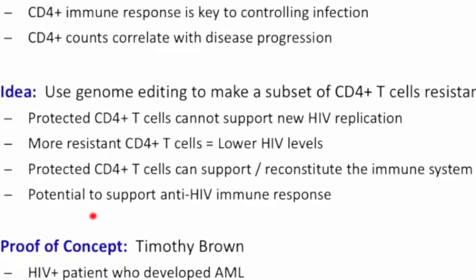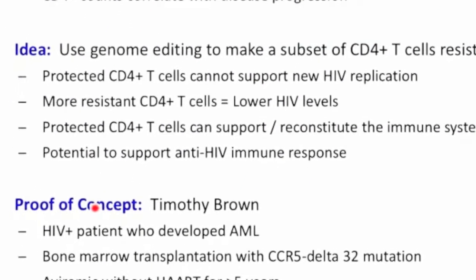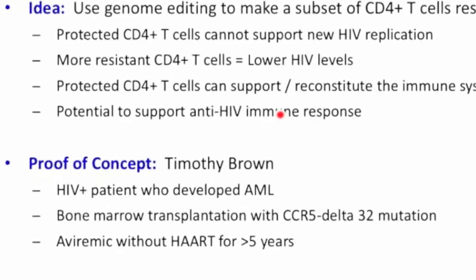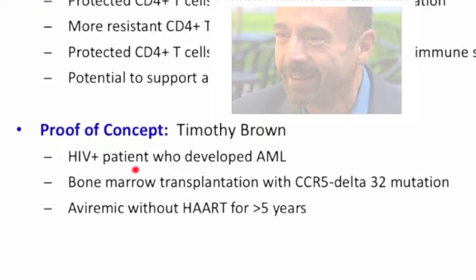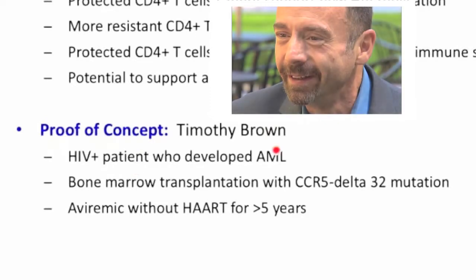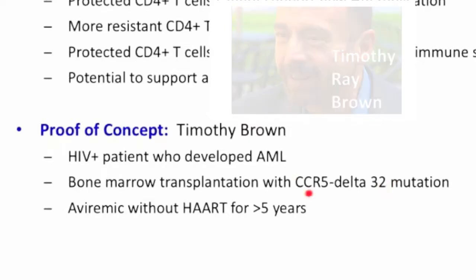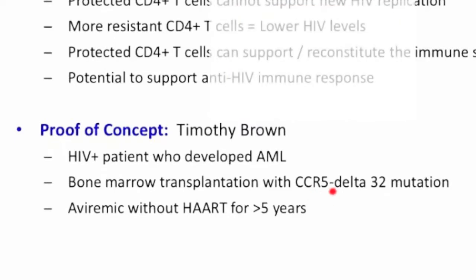And the proof of concept as to how this might play out is provided by Timothy Brown and his situation as an HIV-positive individual who developed an AML, a cancer, that was treated with a bone marrow transplant with cells from a donor who had a natural mutation in CCR5, the so-called CCR5 delta 32 mutation, in both copies of the CCR5 gene.